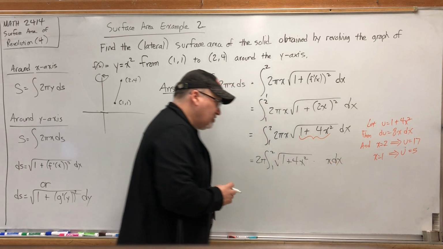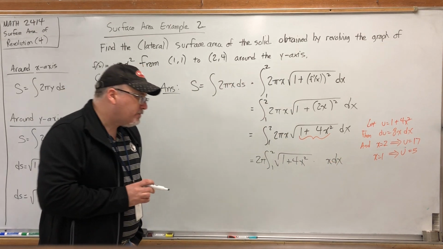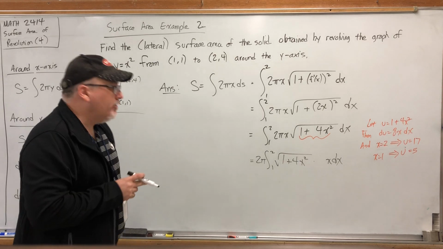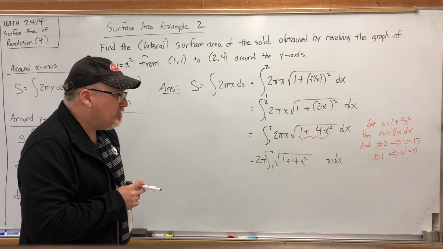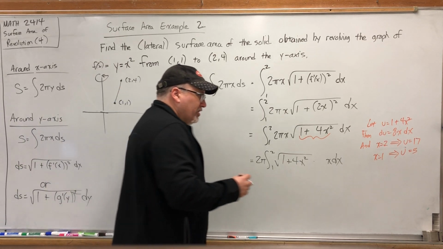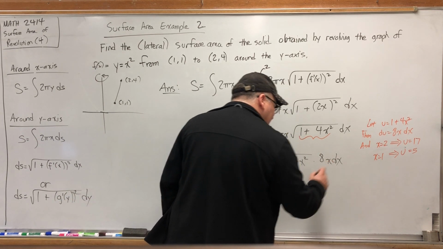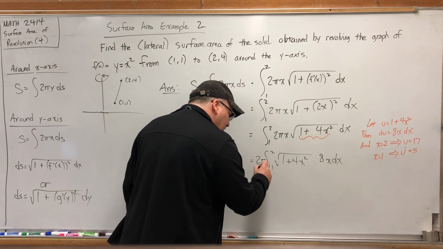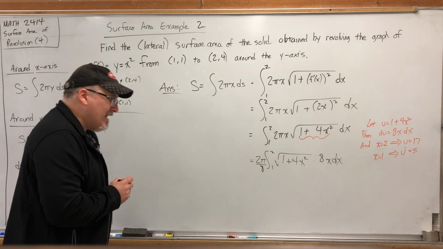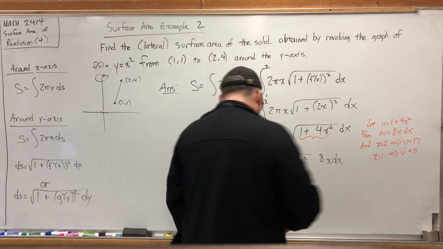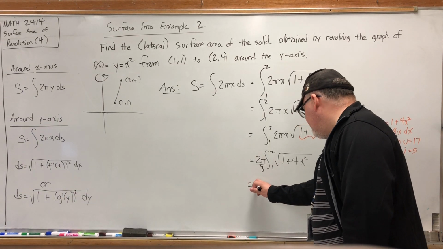I'm just doing it to make the substitution move a little more transparent. So just shuffled some things around. I need du to have an 8x dx. I don't currently have an 8, so I can multiply by an 8 as long as I balance it with its reciprocal on the outside. And now I'm ready to make the substitution. The coefficient in front is pi over 4.